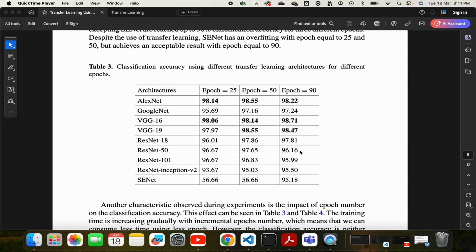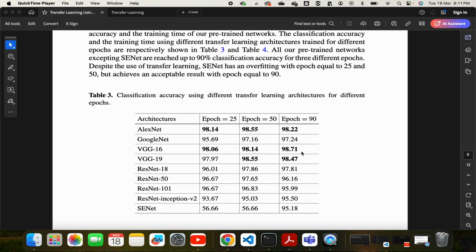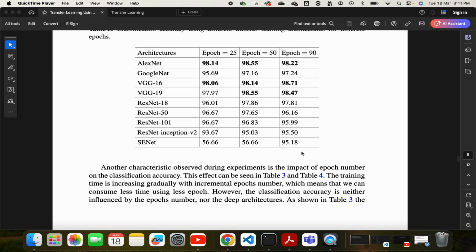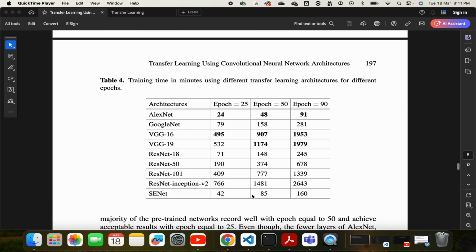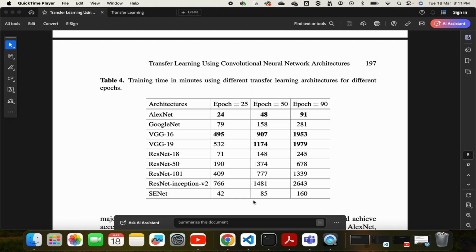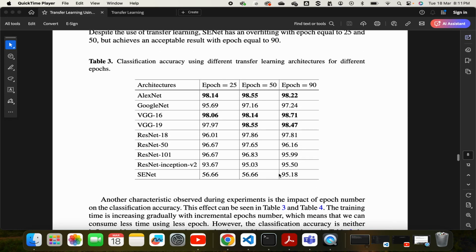Another key observation was that SCNet suffered from overfitting when trained for 25 and 50 epochs, as we can see, but its performance improved with 90 epochs. The results also showed that AlexNet and VGG16 performed better than the deeper models like ResNet and Inception V2, possibly due to the smaller dataset size.